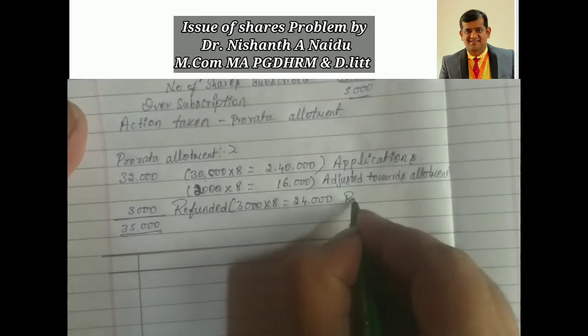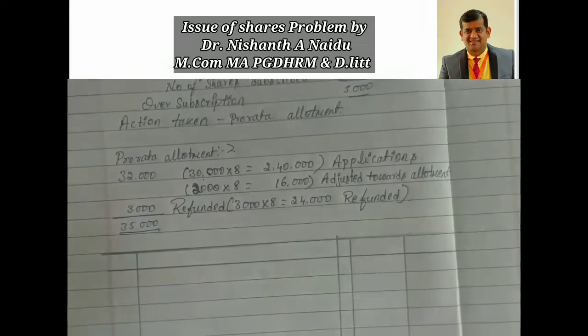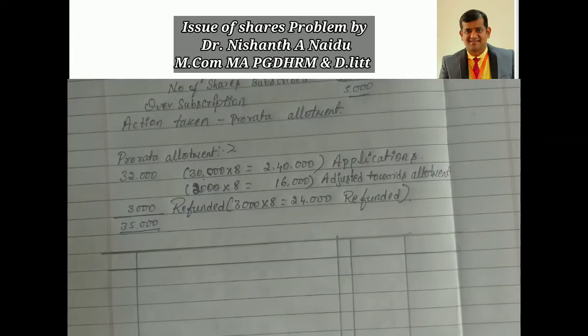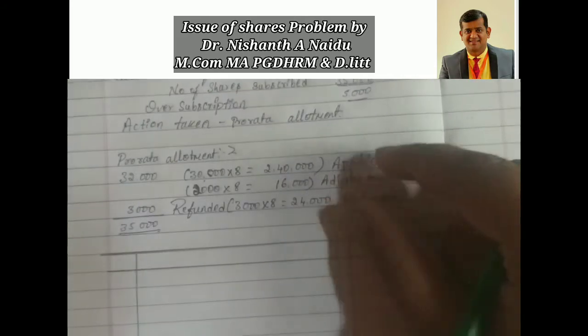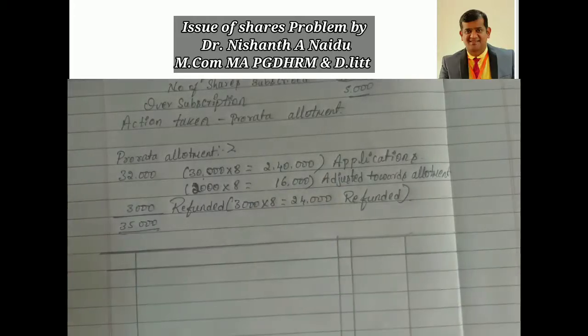So this money has been refunded. This is the second basic working note you have to do. With these working notes we are going to pass the journal entries, because we have already calculated the amounts. Once we have calculated the amounts, passing the journal entries will be easy for us.